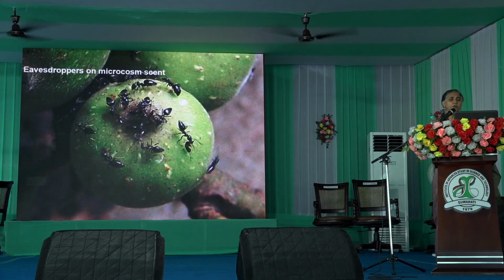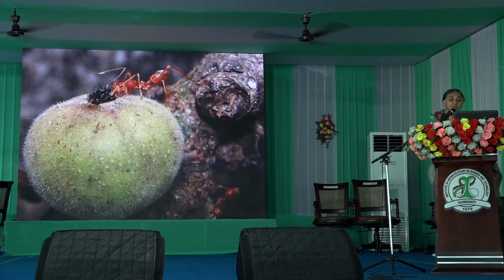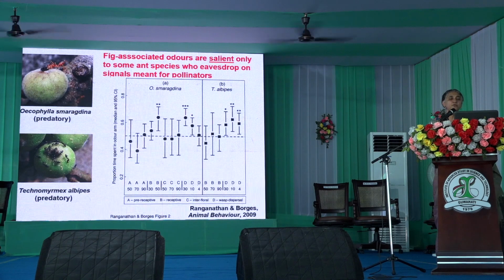Now, in this microcosm, we also have predators outside the microcosm that want to interact with wasps that are entering it. Here you can see predatory ants trying to feast on the pollinator wasps that are rushing into the microcosm. We were able to demonstrate that ants are able to learn the scent of the figs in the right stages, and this is a learned behavior.